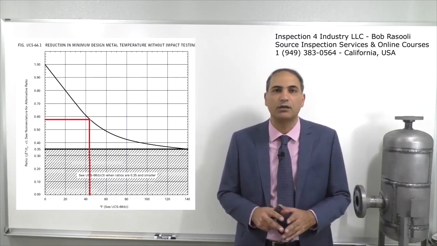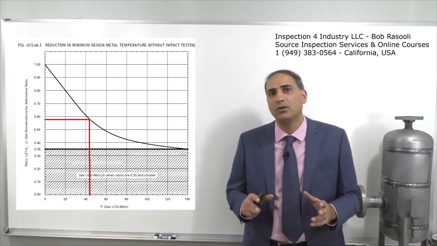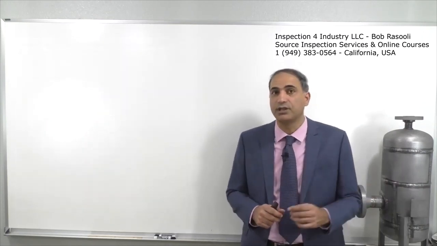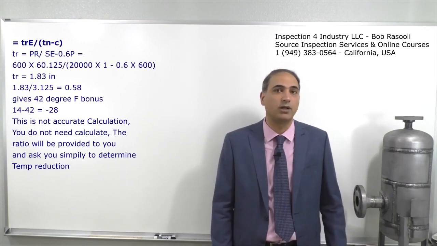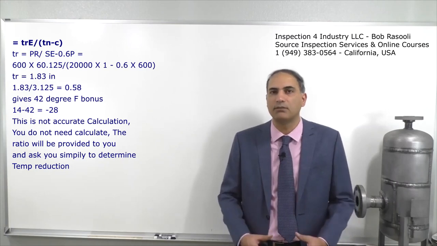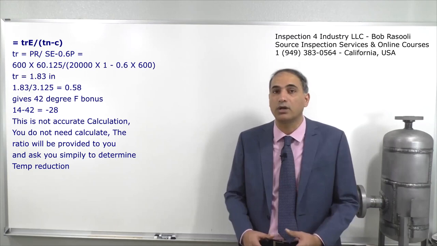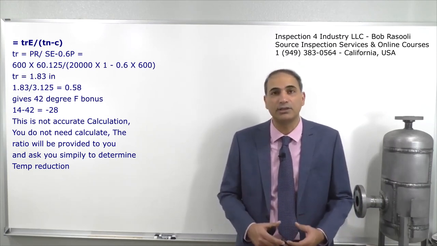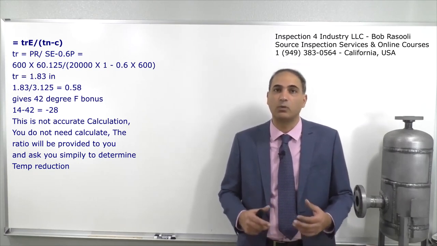coincident ratio I calculated, you can see on my right, is that we designed this pressure vessel at 700 degrees Fahrenheit, and our allowable stress was 18,100 psi. But when we are talking about brittle fracture and minimum design metal temperature, it is for a condition where this pressure vessel is going to work at minus 30 degrees Fahrenheit, right? And at minus 30 degrees Fahrenheit, our allowable stress is not 18,100.